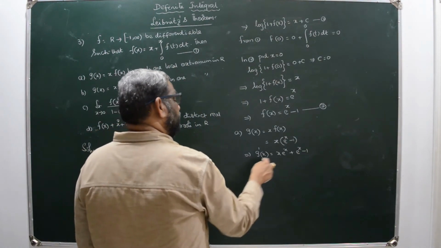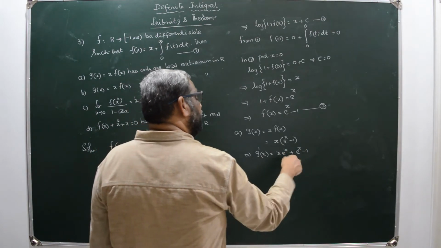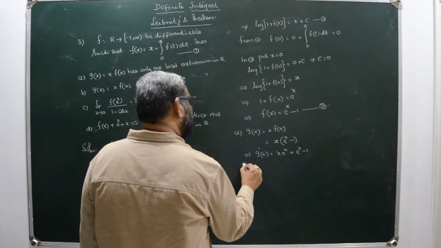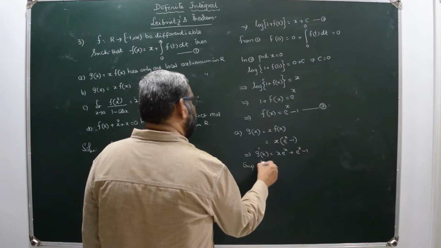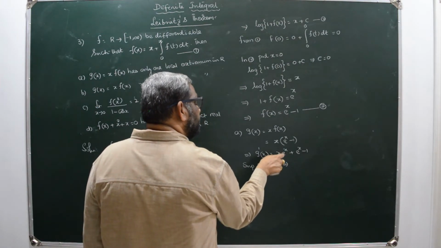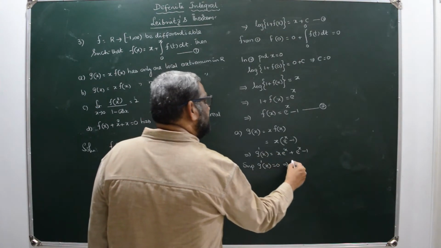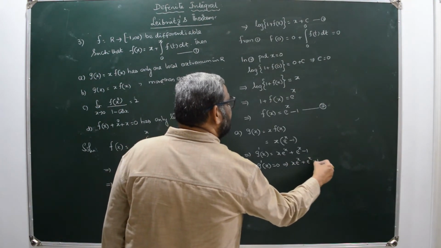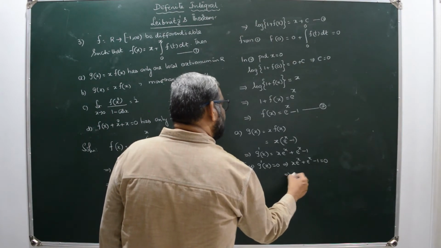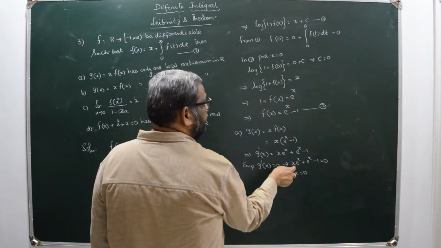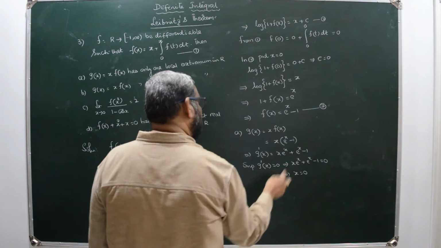So this is g dash x. Now suppose g dash x is equal to 0: x into e to the power of x plus e to the power of x minus 1 equal to 0, implies x equal to 0. If you put x equal to 0, e power 0 is 1, so this is 0.